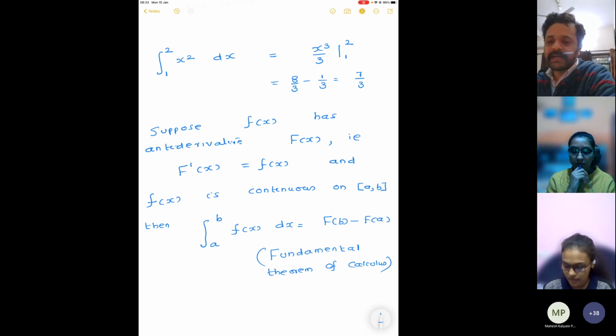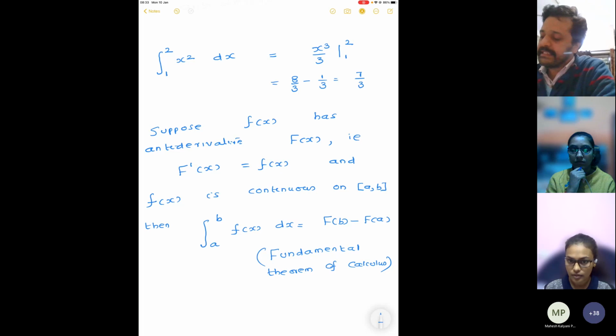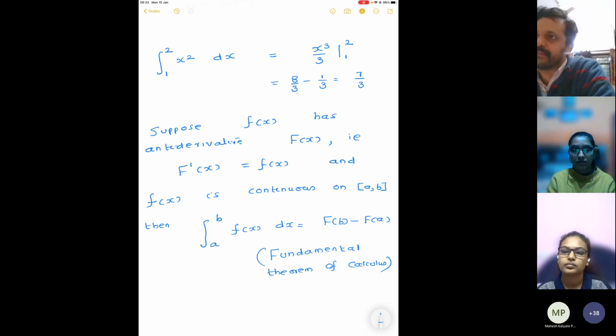So it is the fundamental theorem of calculus who tells you that the integration concept coincides with antiderivative evaluating at the endpoints. But integration has its own meaning.